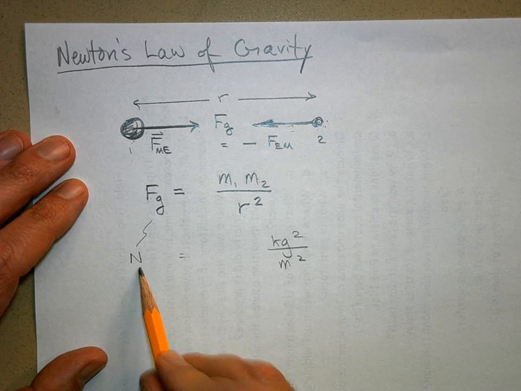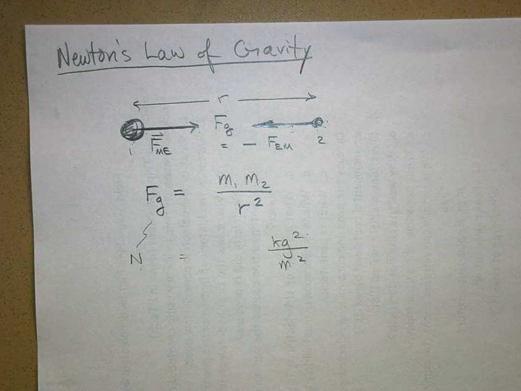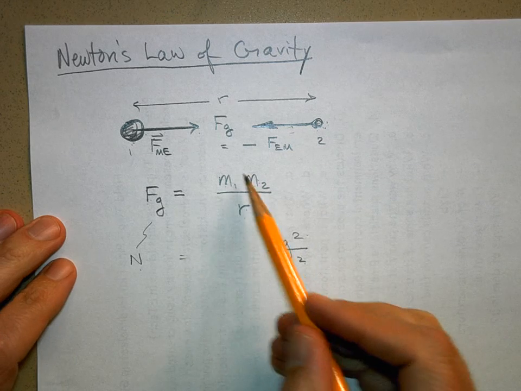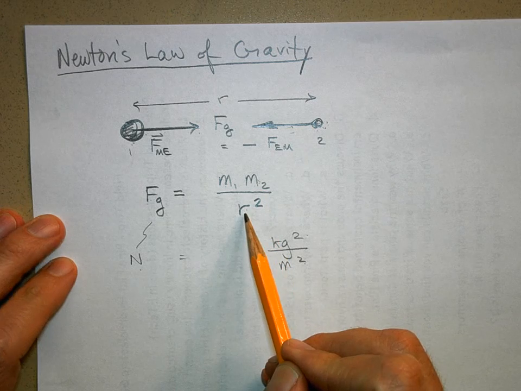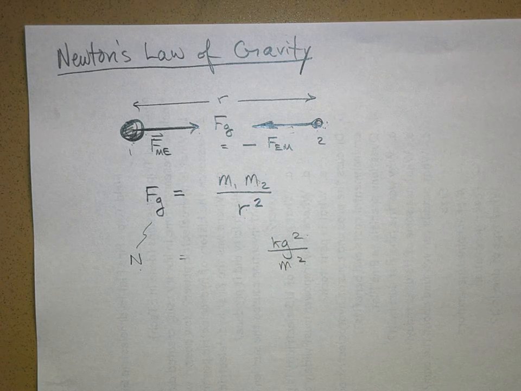Well, a newton is not a kilogram squared per meter squared. And not only that, this tells you m1 times m2 over r squared. This tells you how the masses affect gravity, and it tells you how distance affects gravity, but it doesn't tell you how strong gravity really is.